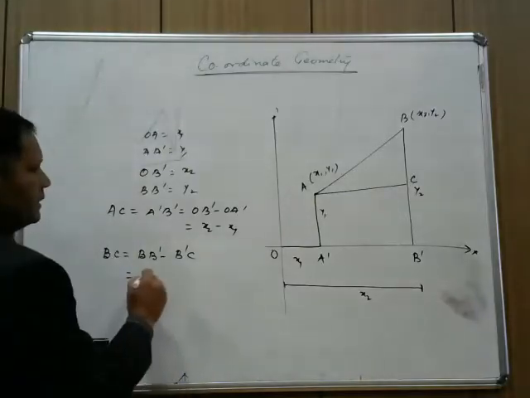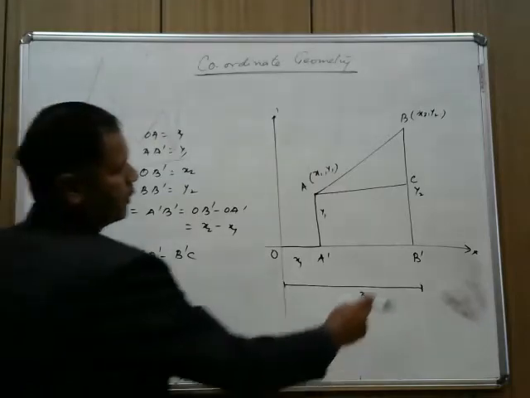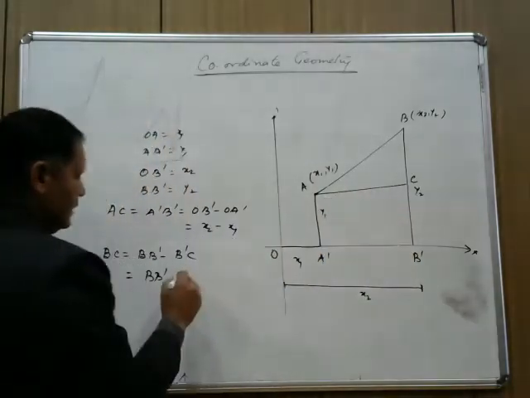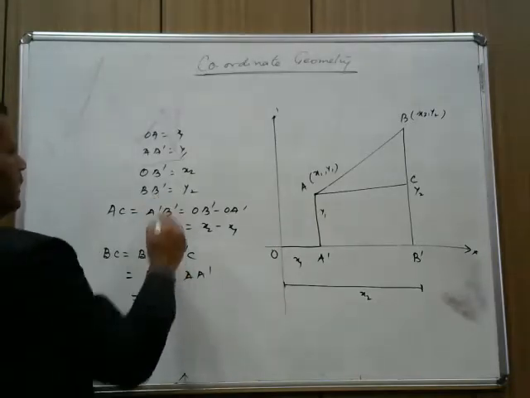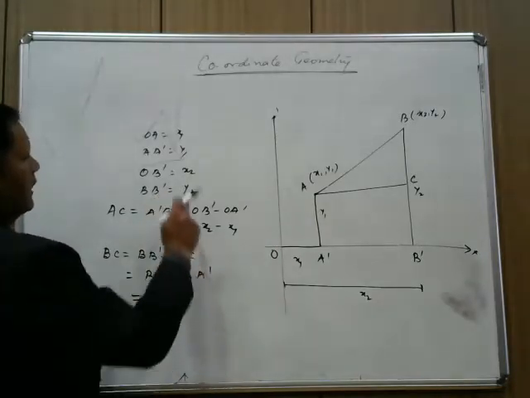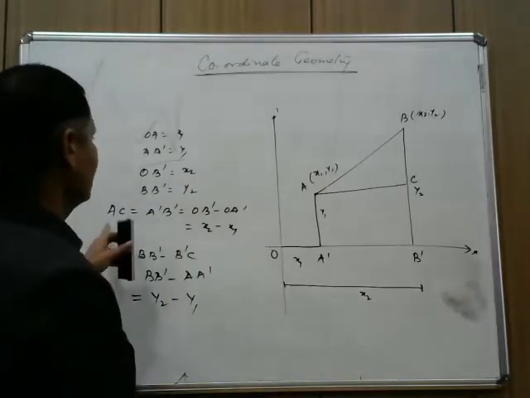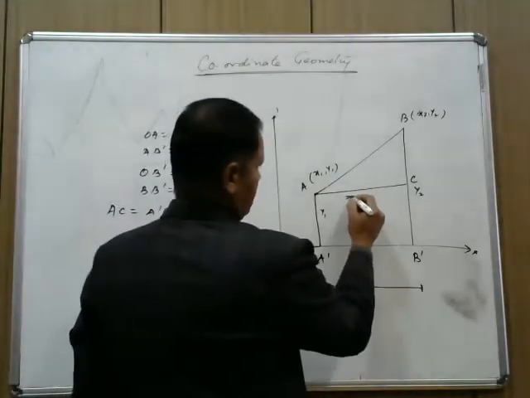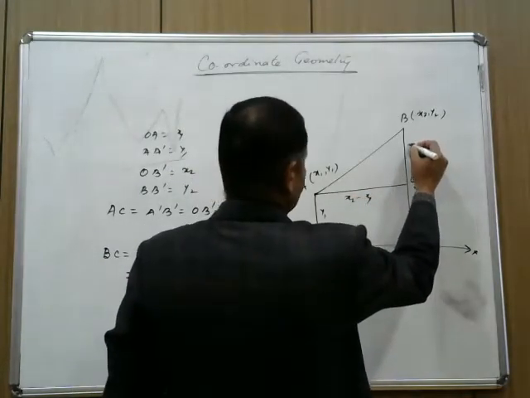So now can I write BB dash minus, in place of B dash C, AA dash? Now put the value of BB dash and AA dash. BB dash is y2 and AA dash is y1. So now the length of AC is x2 minus x1, and BC is y2 minus y1.